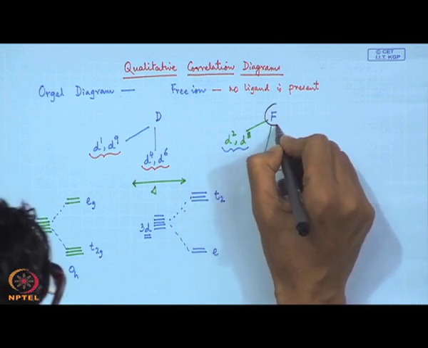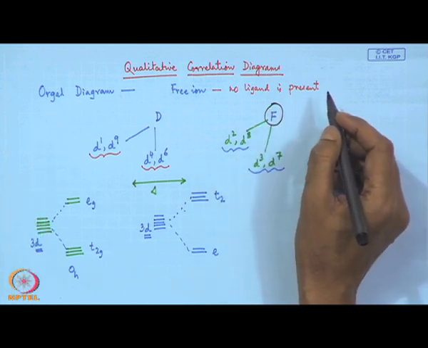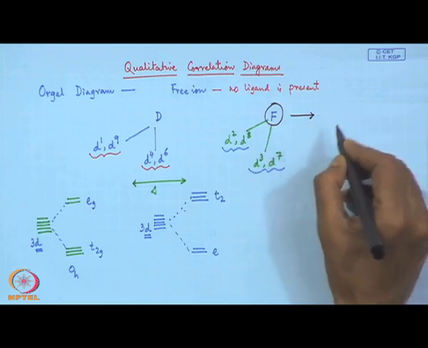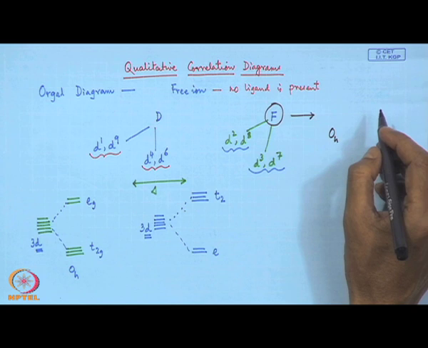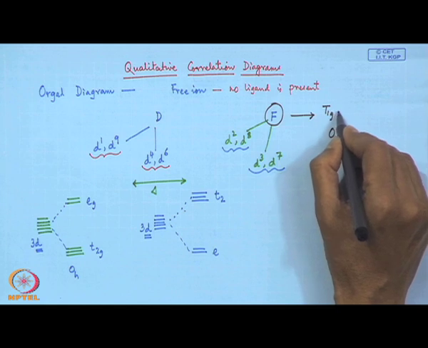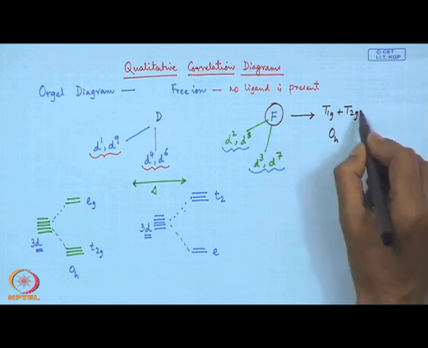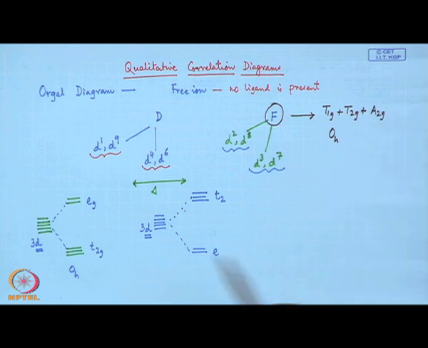What we have seen is that a particular F term, when placed in an octahedral crystal field, will be split into T1G plus T2G plus A2G.